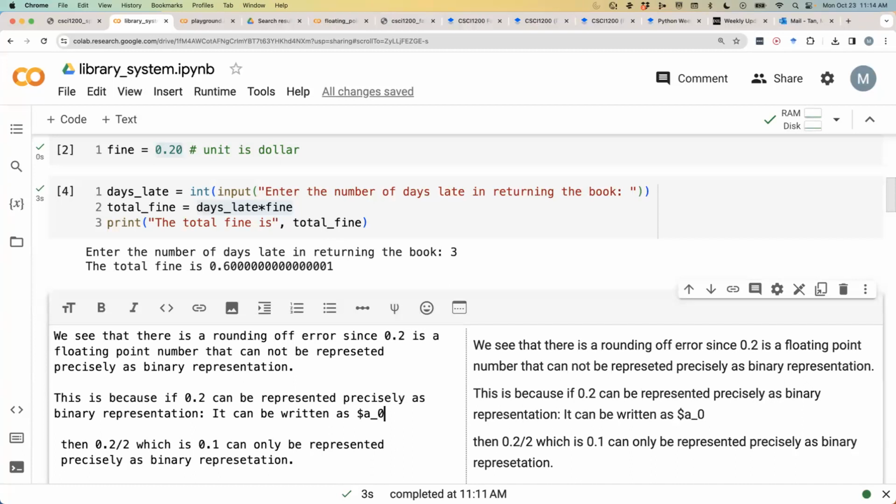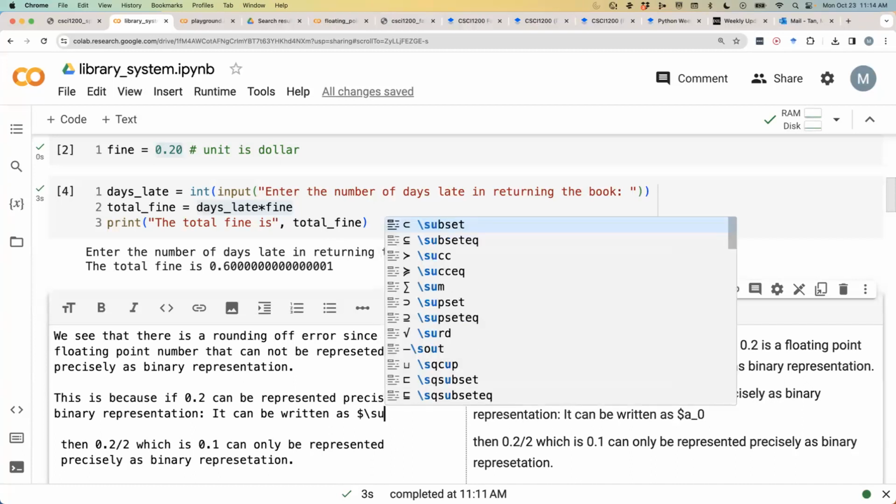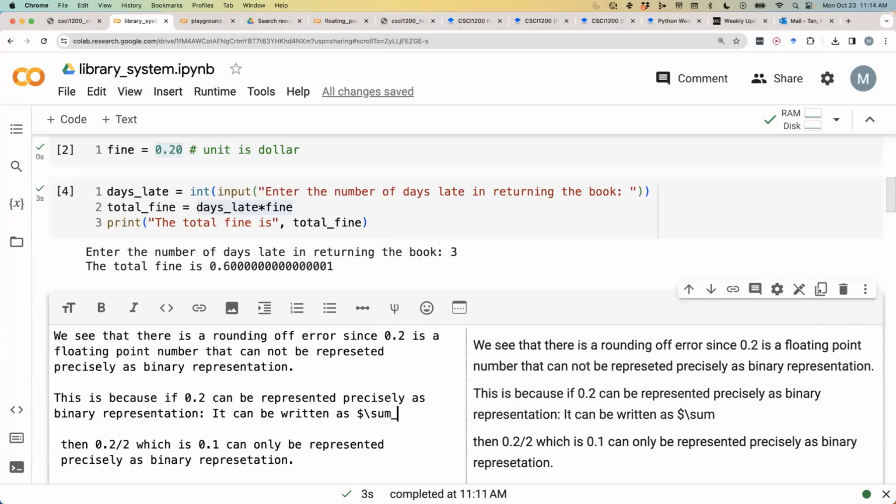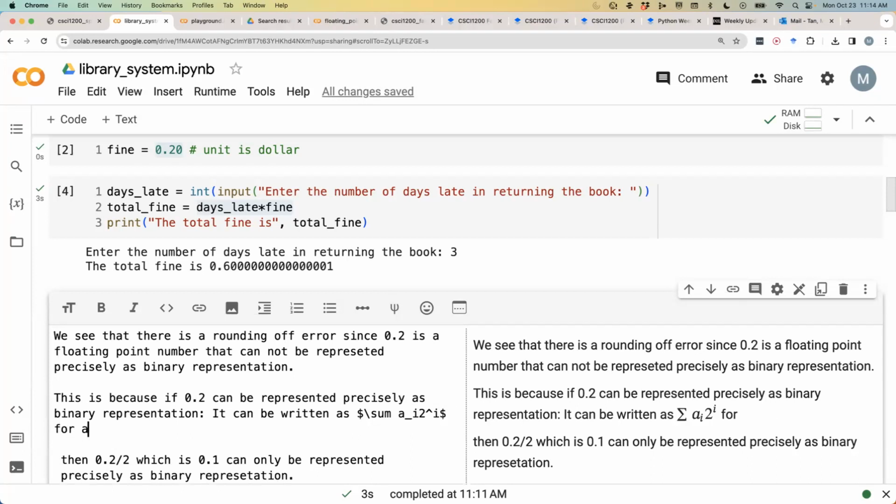So a sum of some digits A_i multiplied by powers of 2, that is, the sum of A_i times 2 to the power i, where A_i is either 0 or 1, and i is an integer.